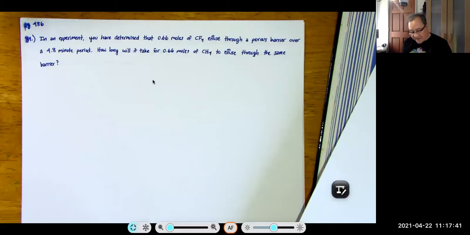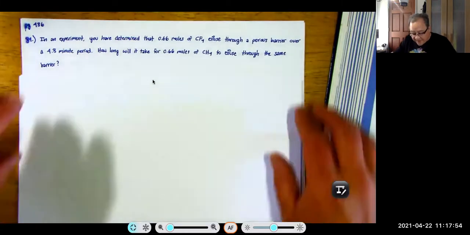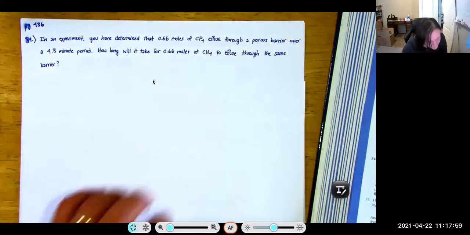How long will it take for 0.66 moles of CH4 to effuse through the same barrier? Okay, so can you see that we're looking at the same amount of each?